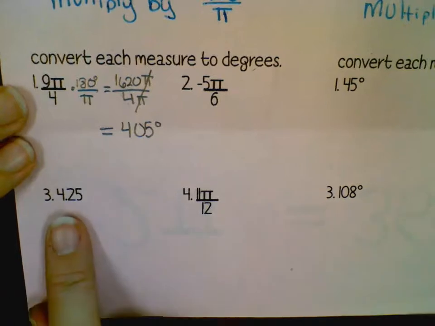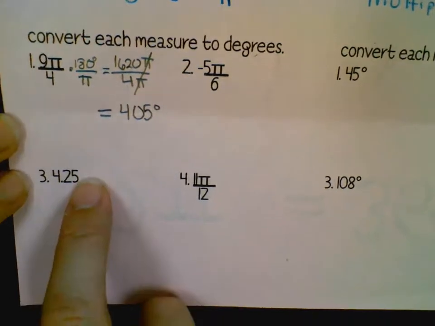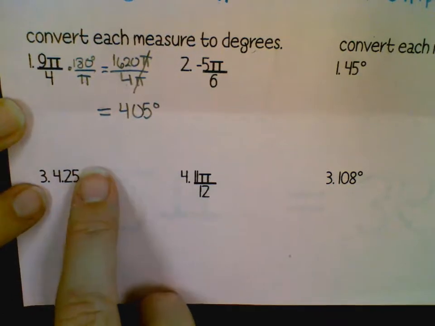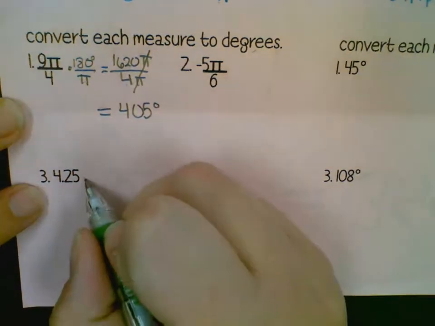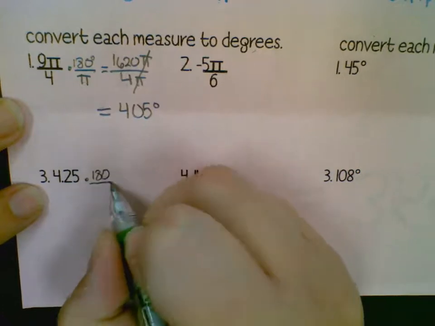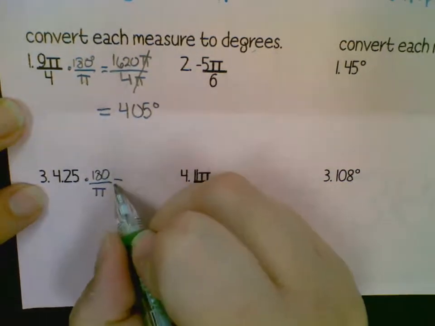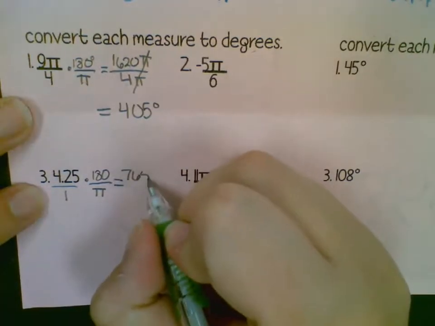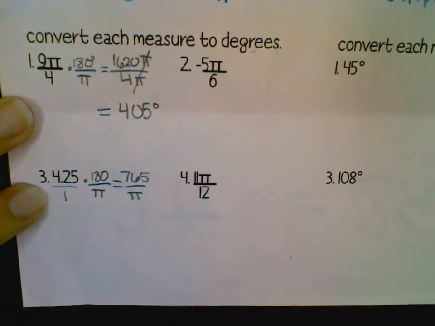To get rid of radians, we multiply by 180 over pi. Let's try example 3 because this one's a little different. It doesn't have the pi in it, but it's still in radians. Remember, it doesn't have a degree sign, so it's in radians. We're still going to multiply by 180 over pi. Multiplying straight across, we have 765 over pi.